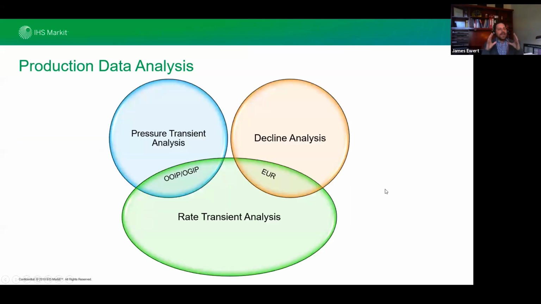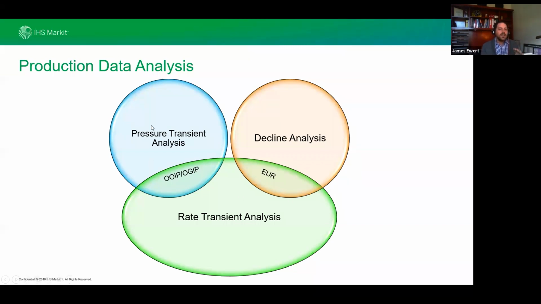So there are three, some could argue there's a couple more, but there's three main portions of production data analysis I want to concentrate on today. And rate transient analysis fits beautifully where pressure transient analysis used to stand relatively alone and decline analysis stood relatively alone. There's overlap here that I really want you to see.